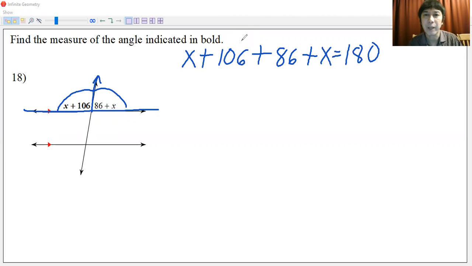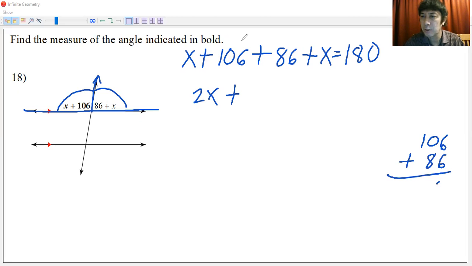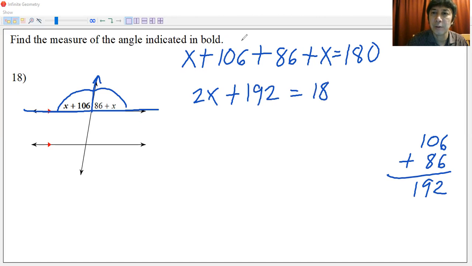Let's solve. x plus x is 2x. And then we add 106 and 86. 106 plus 86, that's 12, carry 1, 9, 192. This is equal to 180. We deduct the 192 to isolate the term with a letter, and this is also minus 192.